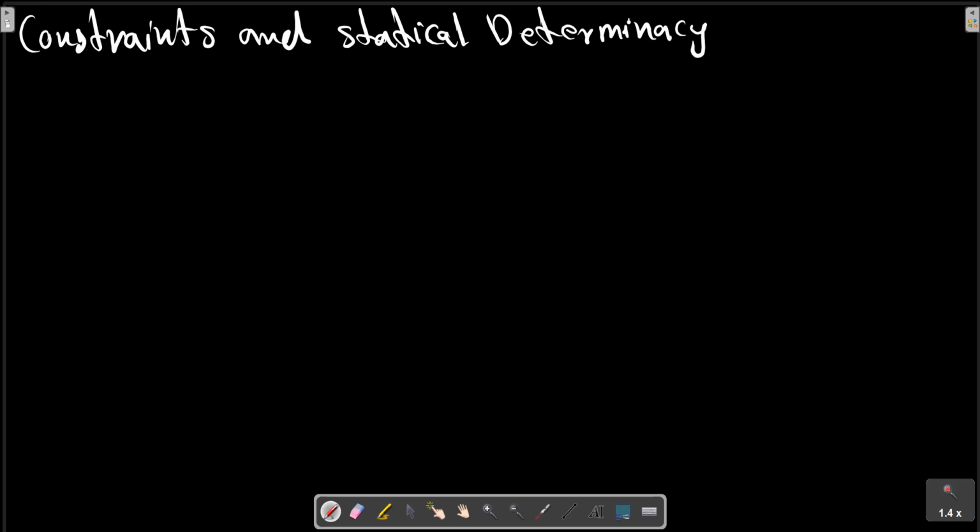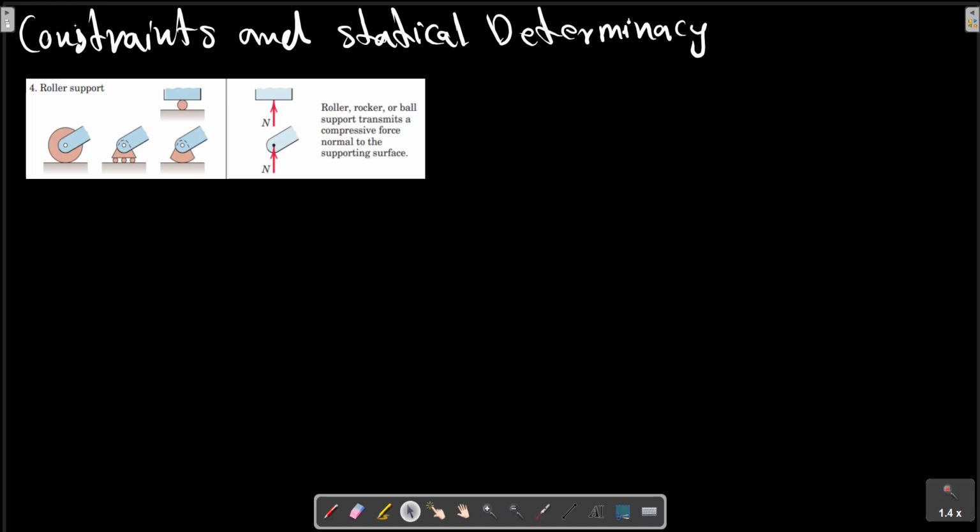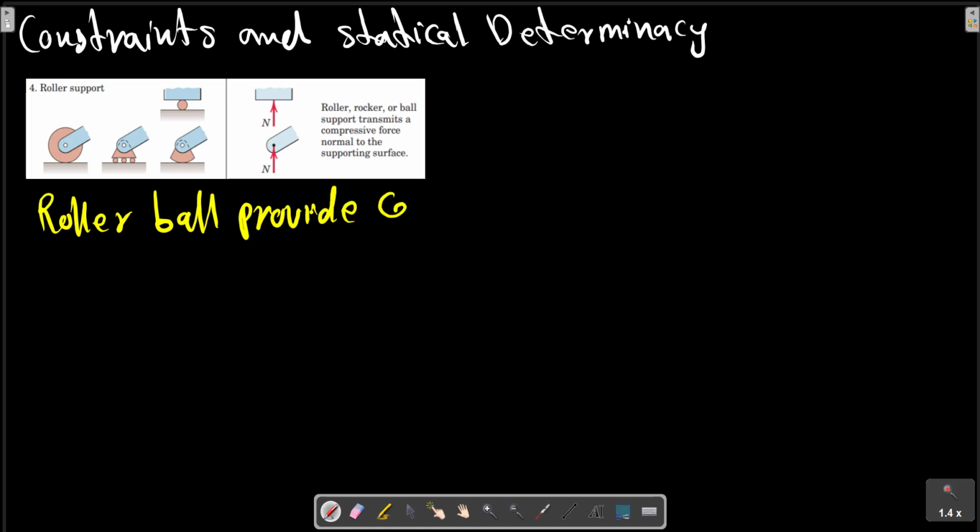In example 4 of the previous figure, consider this picture, a roller ball. In this example, ball and rocker provide constraint normal to the surface of contact.